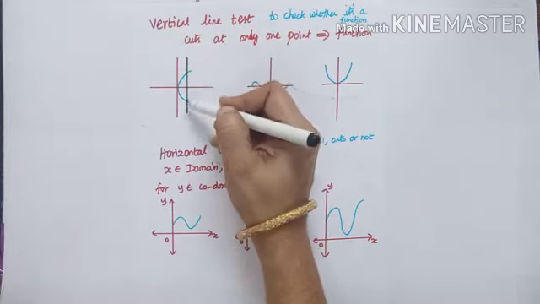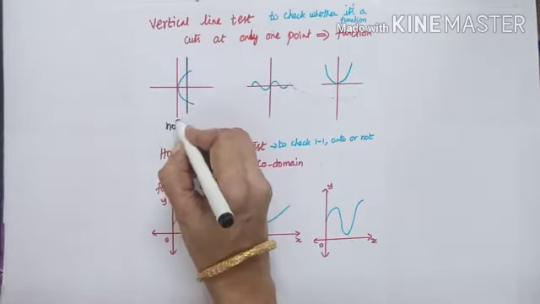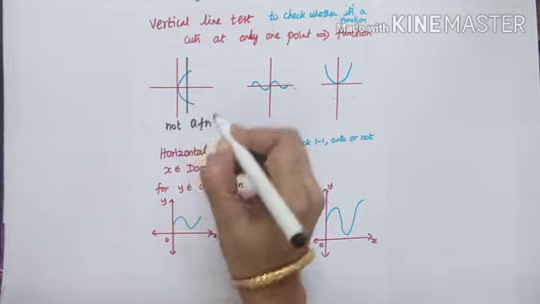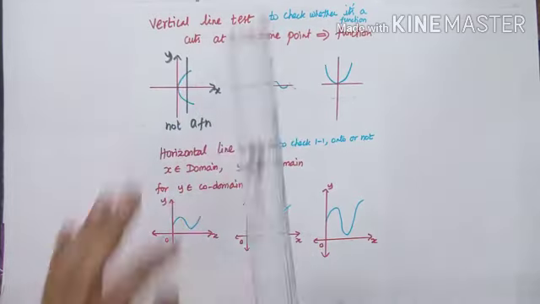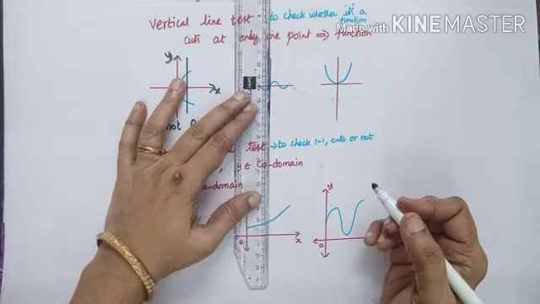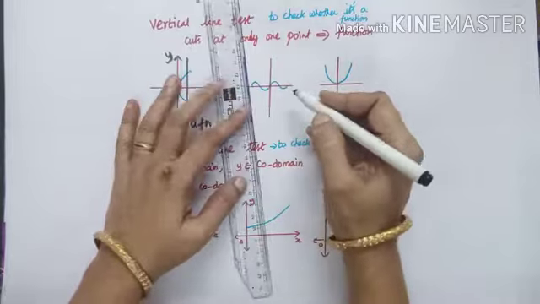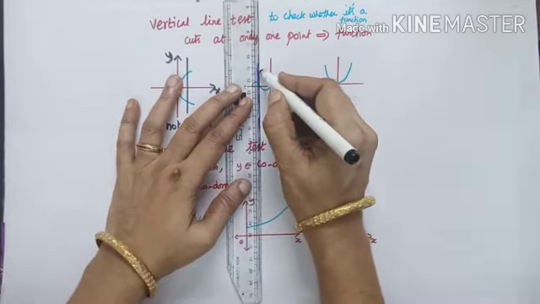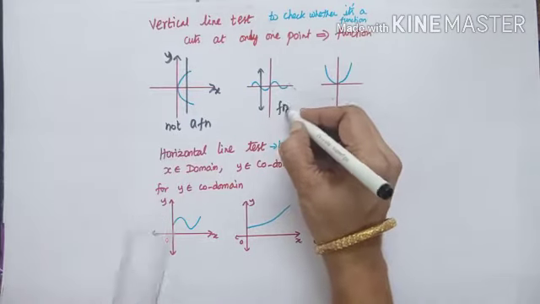The line cuts at 2 points implies it is not a function. So this particular idea is not a function. Whereas here, anywhere I keep and draw a line, it cuts at only 1 point. See? This cuts at only 1 point. So this is a function.